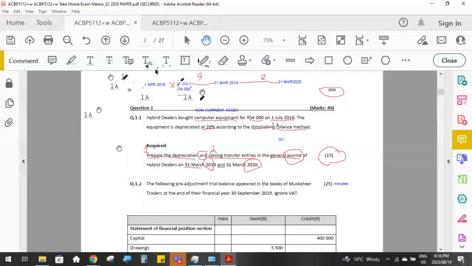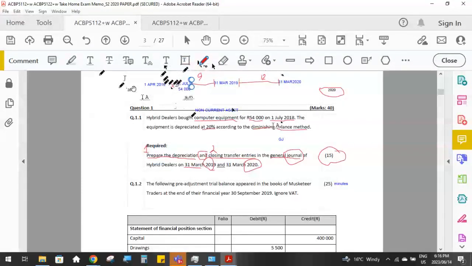In this first year, we did not own the asset between the 1st of April and the 1st of July, so we ignore that, but we are going to count our ownership from the 1st of July to the 31st of March 2019, and then the 31st of March to the 31st of March 2020.